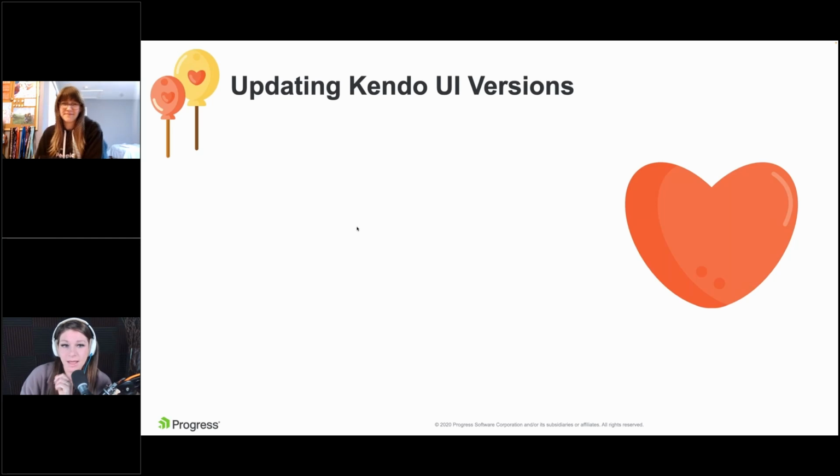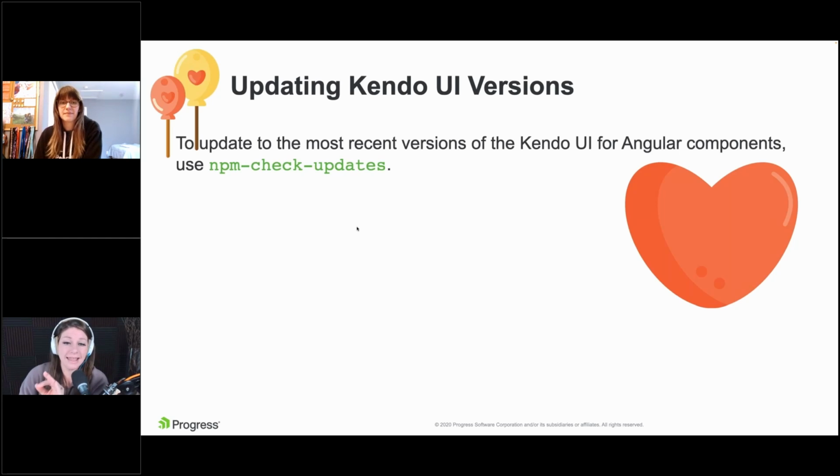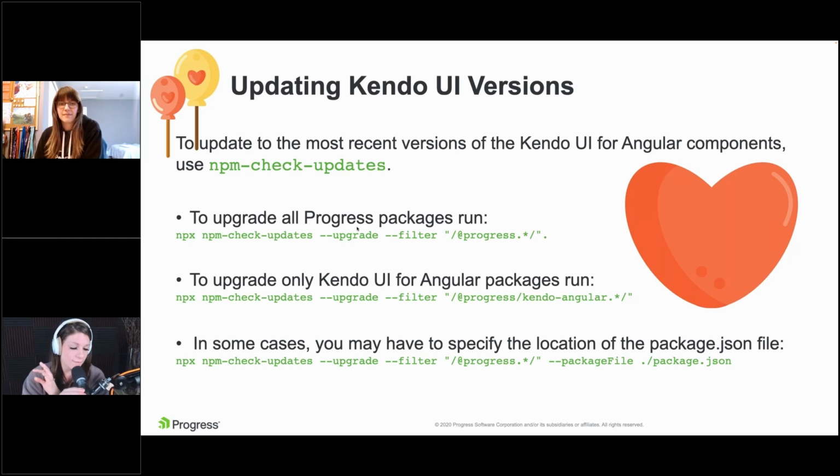But before I do, in order to get these updates, we have a couple of really good resources, a blog post and documentation on getting up to date. So just so that you have the latest, you can either upgrade all Progress packages or just specify with the parameter that you just want to update the Kendo for Angular ones.